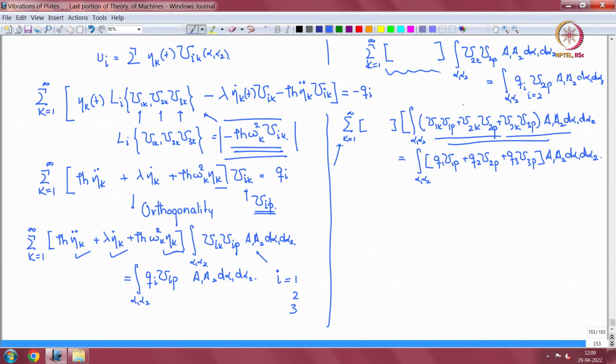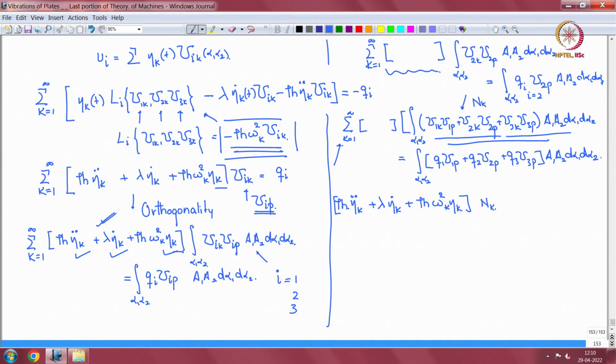Okay. Now this becomes what we call nk for p equal to k. So I have the kth one picked out, eta k double dot. Only one got picked out, the kth one. K and p are equal. So I get rho h eta k double dot plus lambda eta k dot plus rho h omega square k eta k into, we'll call this nk.